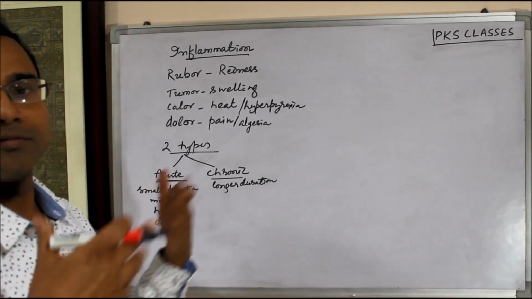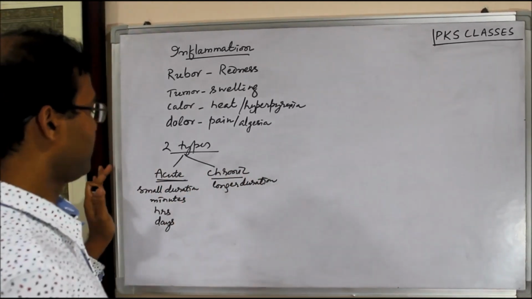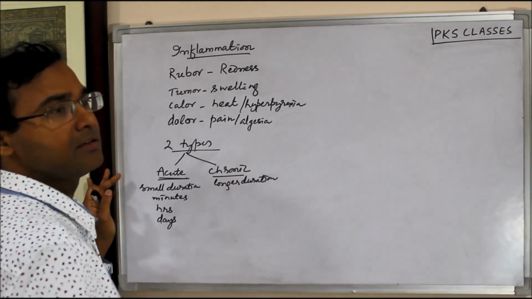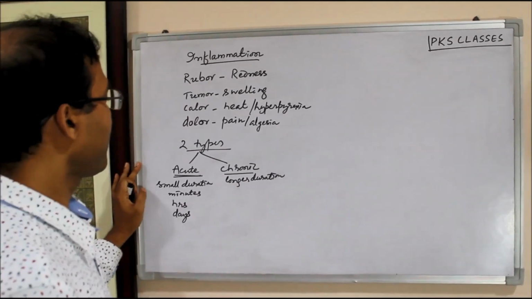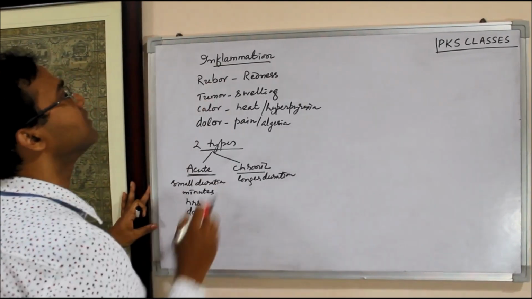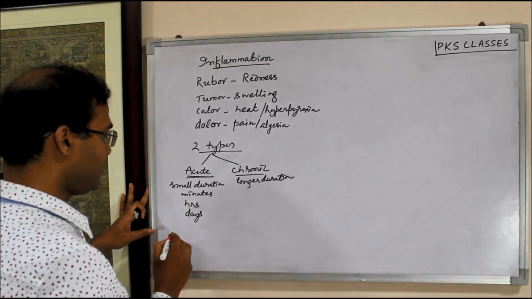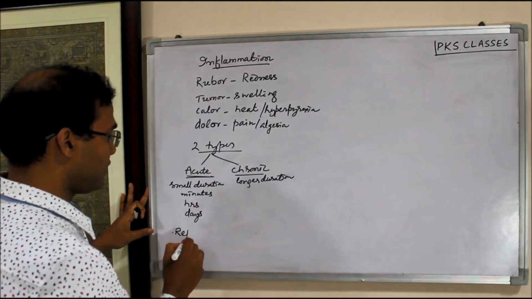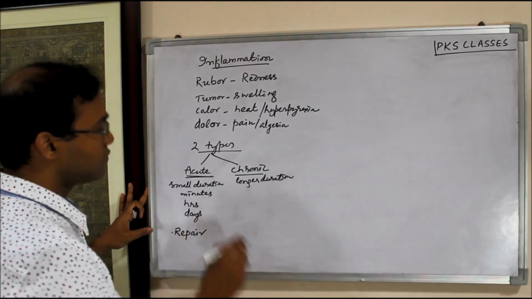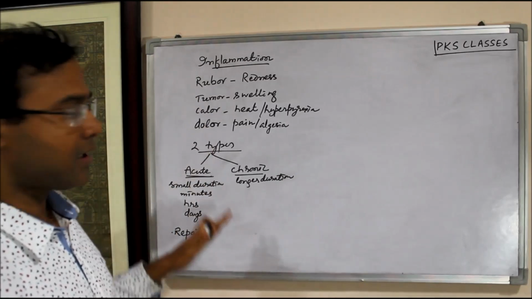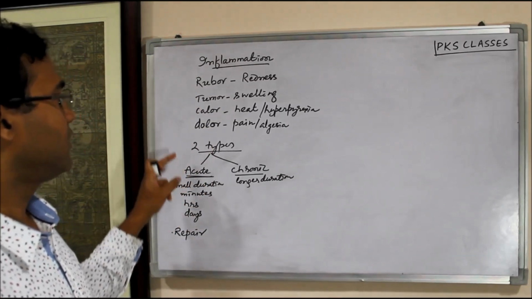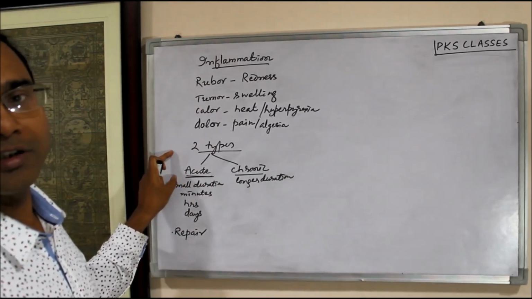But if it is for months and years, then we call it chronic. Another major difference between them is that acute is always associated with repair. So inflammation and repair occur simultaneously when there is acute inflammation.